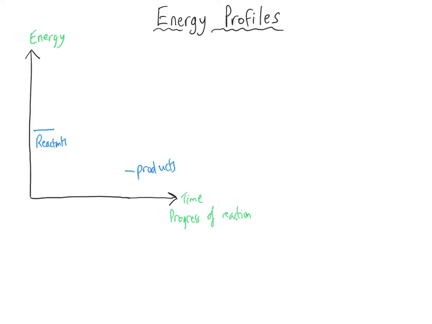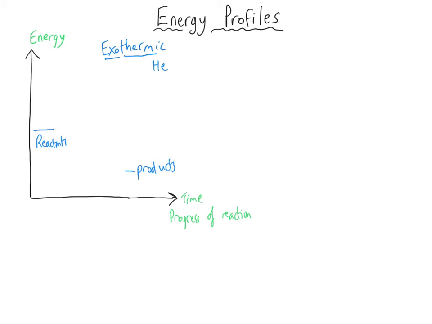I've chosen to draw this situation where the reactants have more energy than the products. So as time goes by and the reactants turn into products, energy will be given out to the surroundings as heat. And this is called an exothermic reaction, because heat energy, thermal, is exiting, exo.